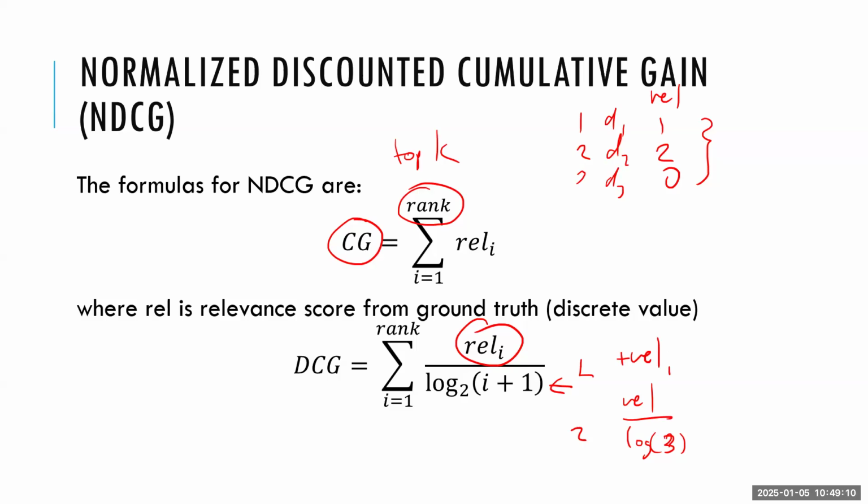So based on the DCG, the ordering matters. Because in this particular ranking, you have 1 plus 2 over log 3. But for this one, you have 2 plus 1 over log 3.